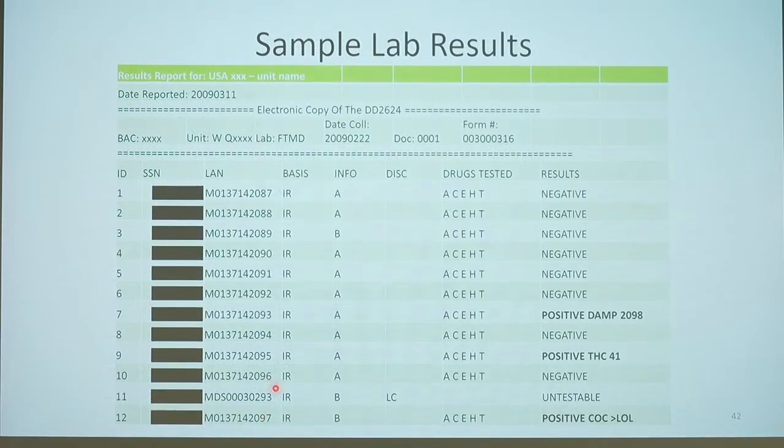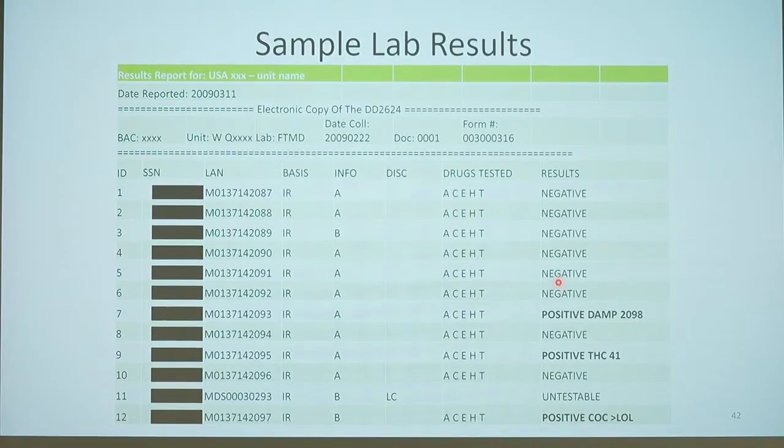Here, if we look at the lab result, we have the patient identifiers, the laboratory accession number, and the reason the test is being performed: IR, inspection, random. Here are laboratory-specific columns, the drugs tested: amphetamines, cocaine, ecstasy, heroin, and THC, and the results.